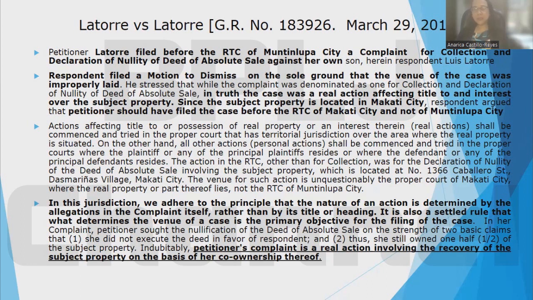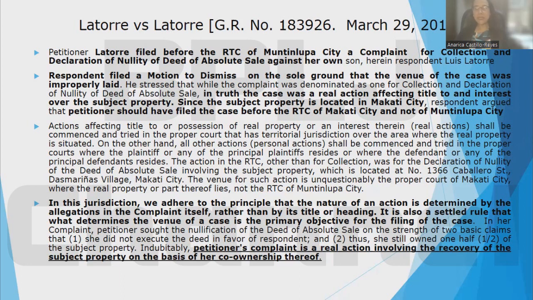Since the property is located in Makati, the petitioner should have filed the case before the RTC of Makati and not Muntinlupa. In this jurisdiction, we adhere to the principle that the nature of an action is determined by the allegations in the complaint itself rather than by its title or heading.